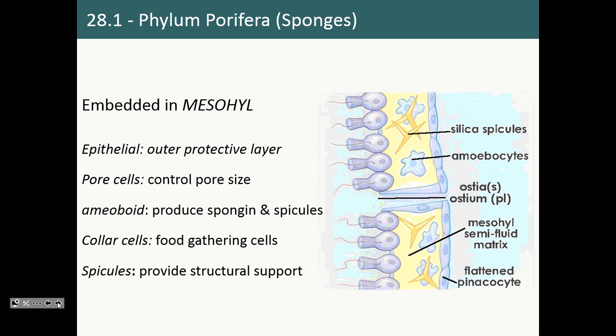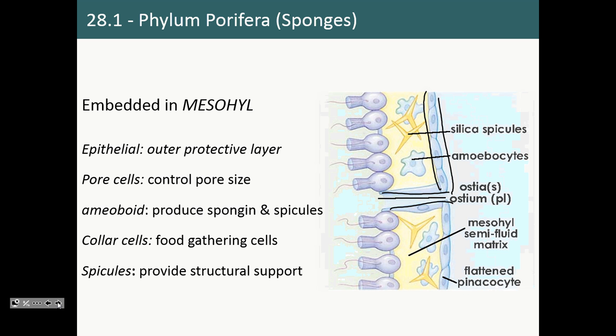The outer cells, shown here in blue, are the epithelial cells. They form the outer protective layer and hold that mesohyl substrate in place. The pore cells, again, have lots of names, the dermal ostia. I am not going to test you on these different cell types in the sponges.